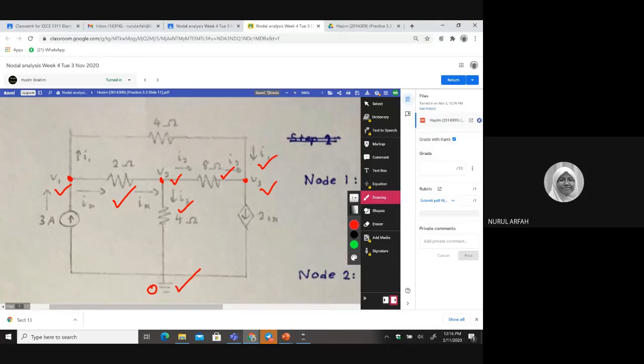This is why I say good, because you didn't name it as you wish. I1, I2, I3, yes. But sometimes, like in my other section, a student put the current direction going down.